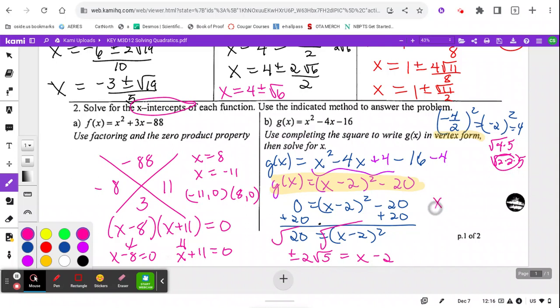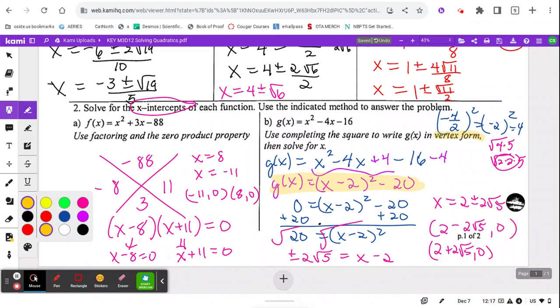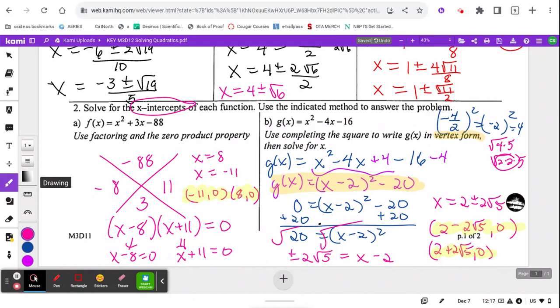And then we add 2 to get 2 plus or minus 2 root 5 as our solutions. And then for the x-intercepts, 2 plus 2 root 5, comma 0, 2 minus 2 root 5, comma 0. Woo, done. There's your full x-intercept answers right here and right here. It means we have 2 real roots for both of these factored and completed the square quadratics. Great job.